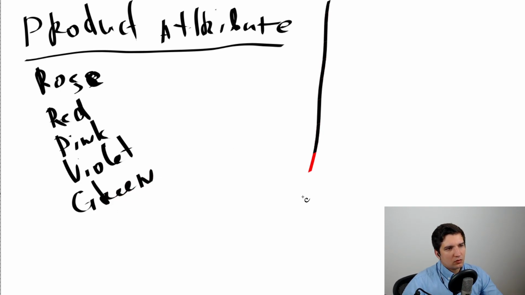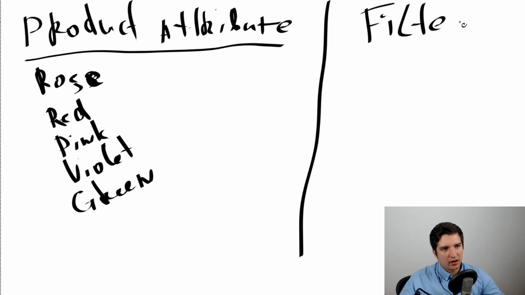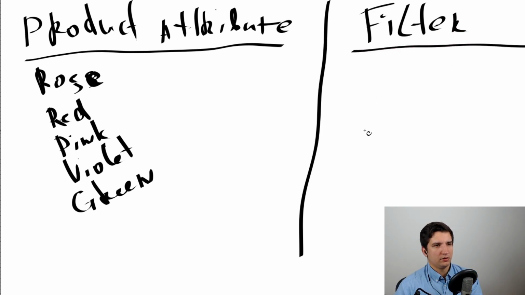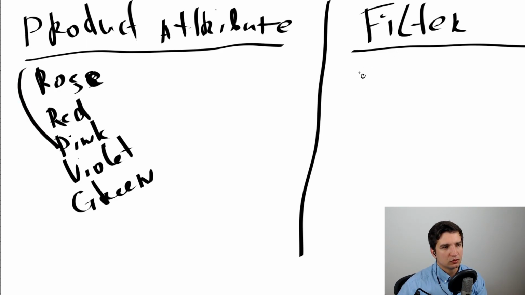However, from a filter perspective, do I want to have the customer filter by every single color, or maybe I want to create a group of values? Because as a merchant, I might want to group, let's say, rose and pink into one thing.